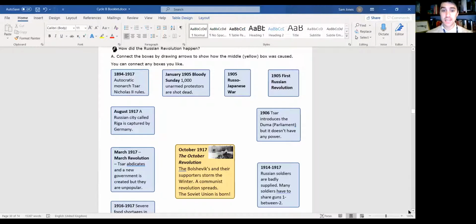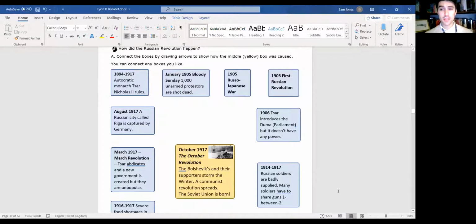So we're trying to get to the October Revolution in 1917. And the blue boxes around the outside are all causes of the October Revolution. That's the one when the Bolsheviks, the Communist Party in Russia, take over from the Duma, the new government that was made up of the Tsar's friends that was created after the March Revolution. So we're trying to explain how the October Revolution in 1917 happened.